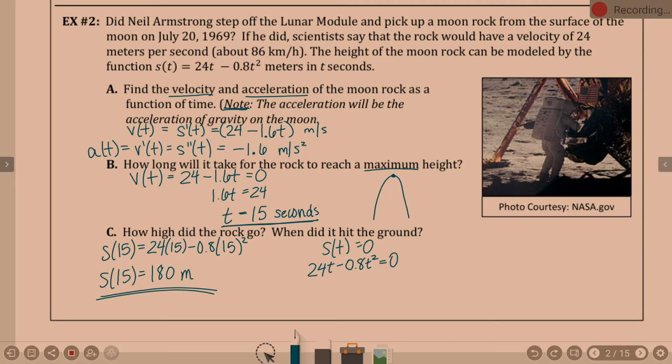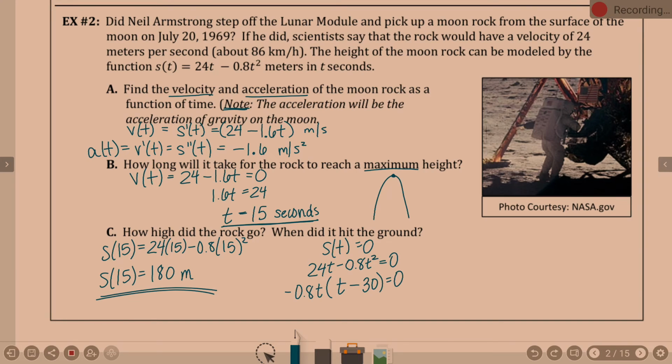I know it's a 0.8, but if 24 divides by 8, 24 can also divide by 0.8. Now, do you have to factor the 0.8 out? No. But what I factored out on mine is a negative 0.8t. Negative 0.8 t squared divided by negative 0.8 t is t. 24t divided by negative 0.8 t is minus 30.